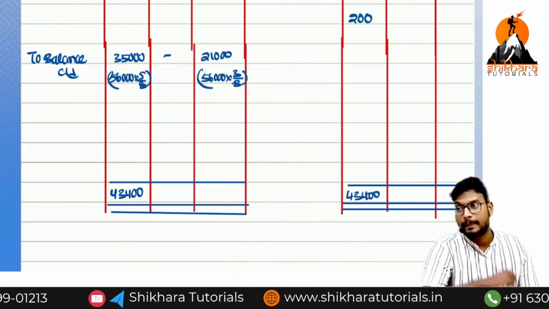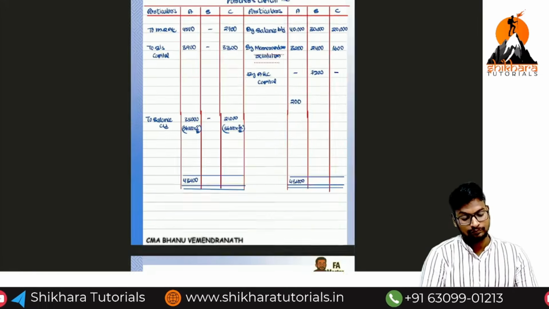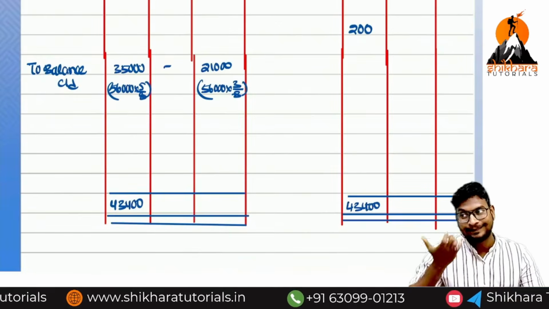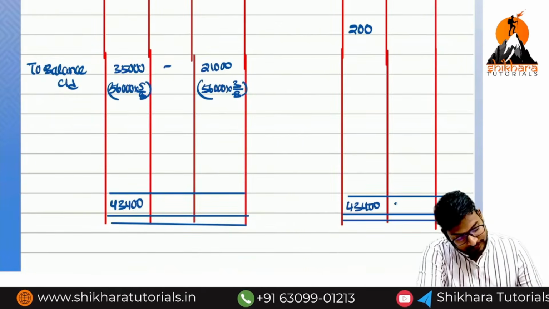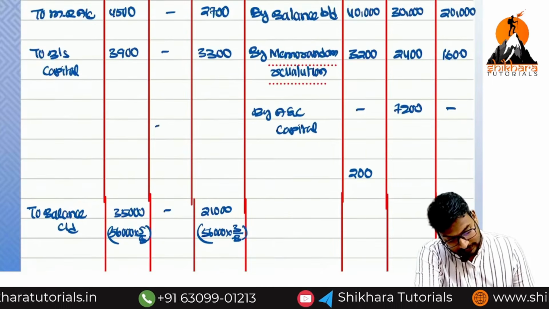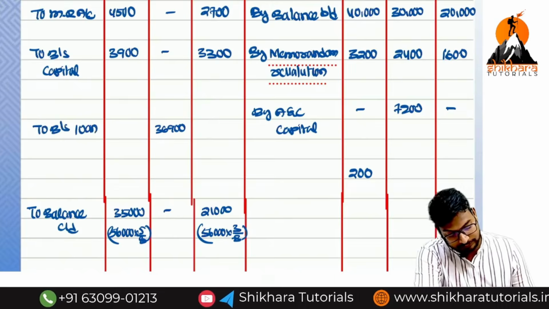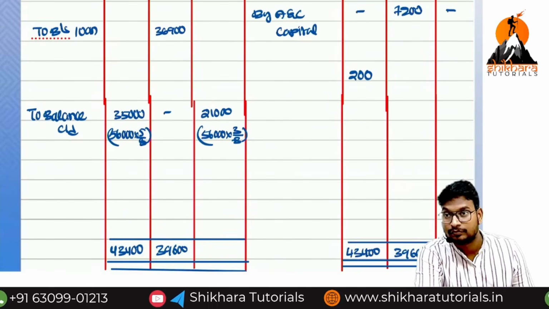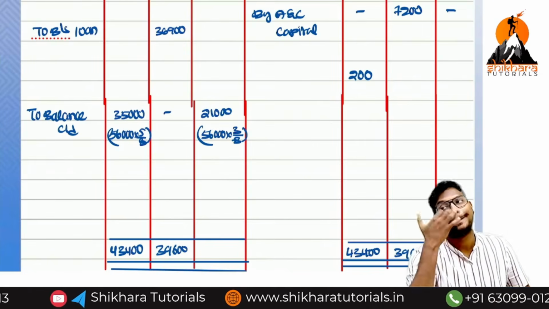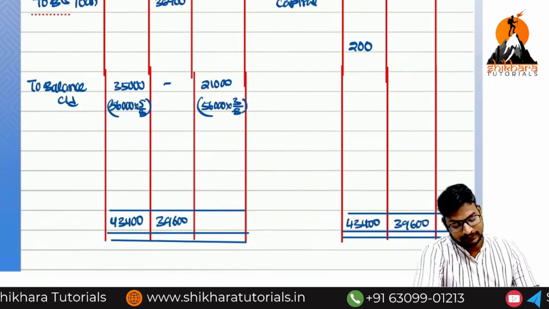Next. 39,600. 39,600, 36,000. 39,600 only, yeah?